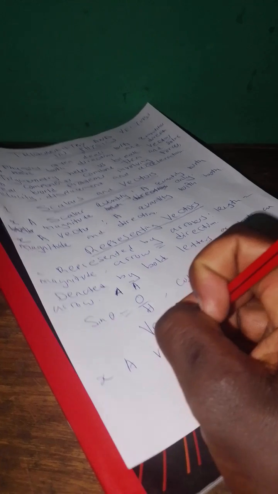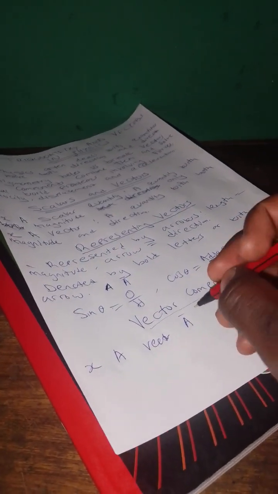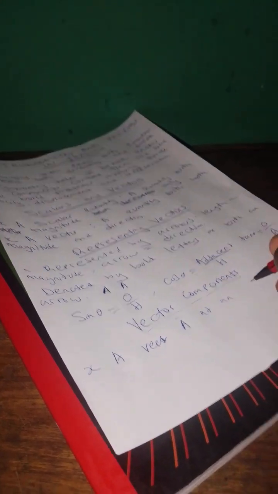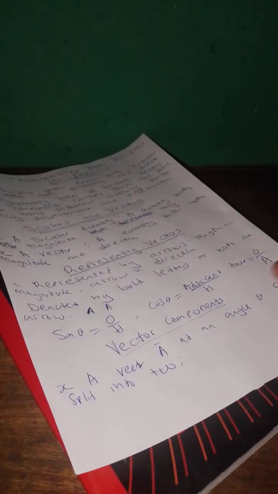A vector A, which is an arrow at an angle theta, can be split into two. You should really pay attention when it comes to vector components. That's where most of the questions come from. The moment you get the concept, then everything is okay.